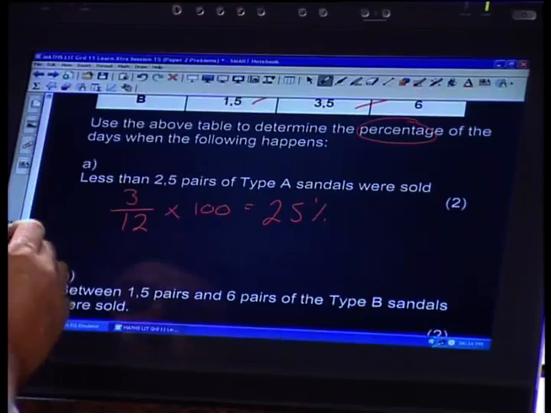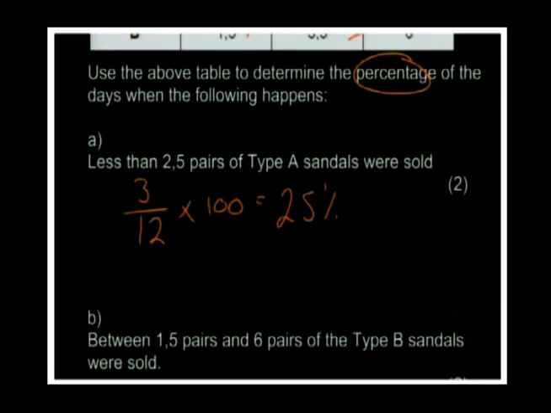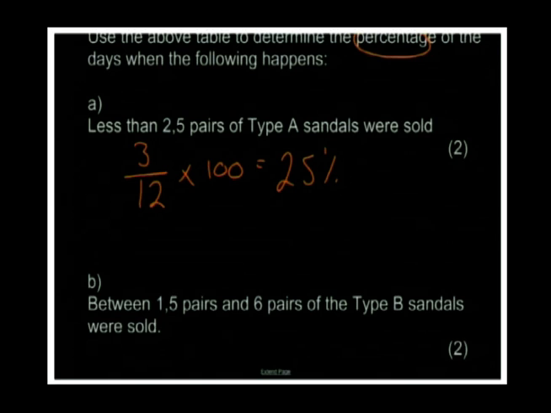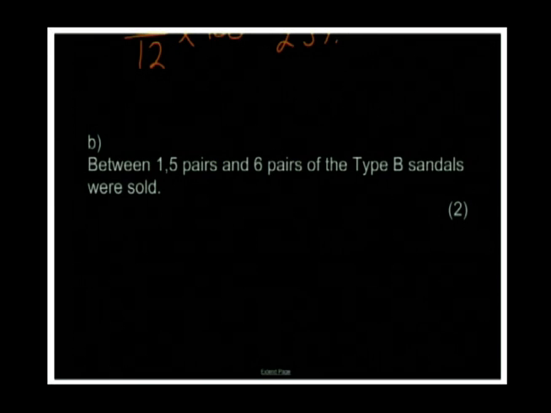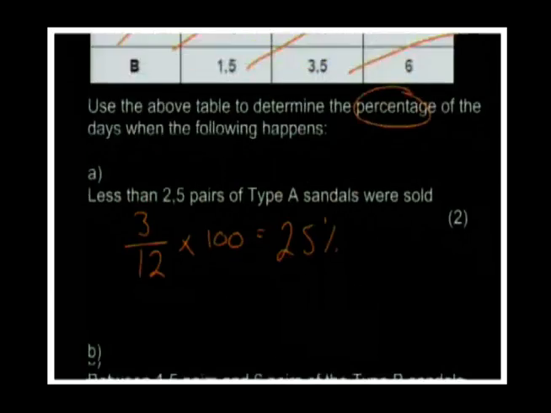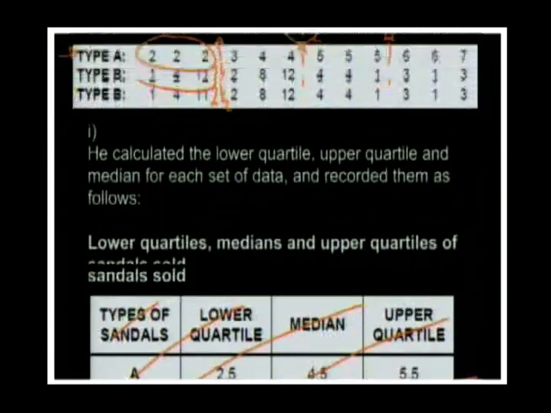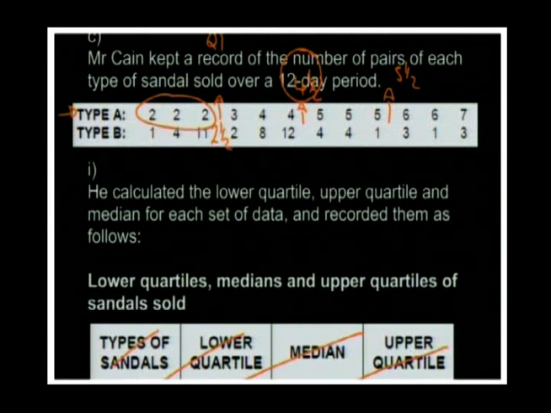Okay, now, next one. Between 1.5 pairs and 6 pairs of type B sandals were sold. So we've got to determine the percentage. So the first thing we've got to do is say, between how many pairs did I sell that are between 1.5 and 6? Okay, so 1.5 and 6, let's look at it. 1.5, that's not, there's 1.